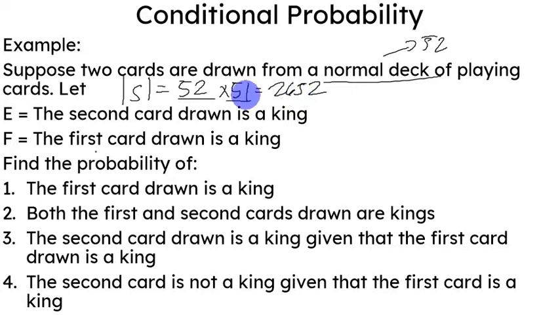First, let's now find the probability that the first card drawn is a king. We would want to know in how many possible ways we can do this. That's actually event F here. If the first card drawn is a king, that would mean you have 4 possibilities: the king of spades, the king of clubs, the king of hearts, or the king of diamonds.